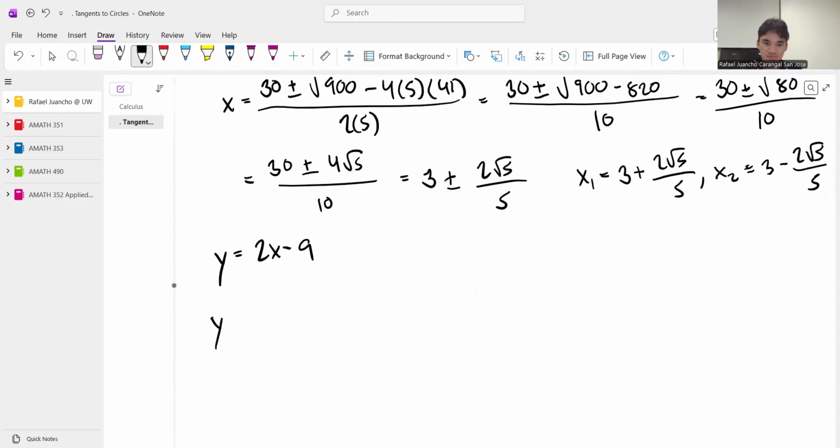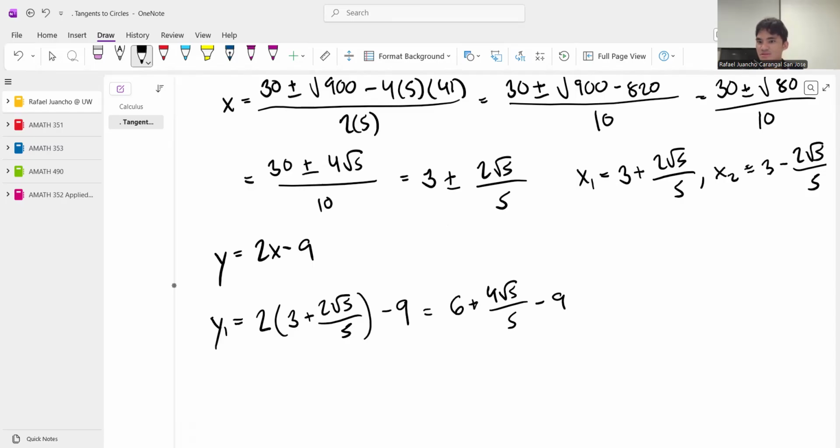So let's find y1. That would be 2 times 3 plus 2 square root 5 over 5 minus 9. Solving for that, you get 6. I think this is 4 square root 5 over 5 minus 9. And you solve for that number.